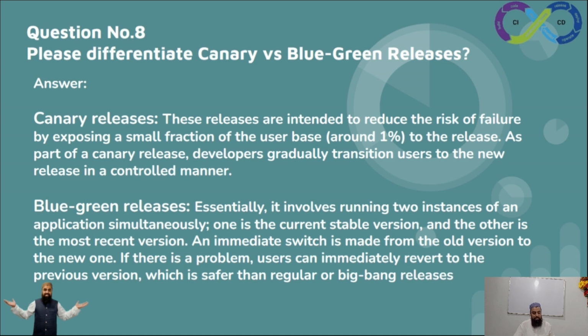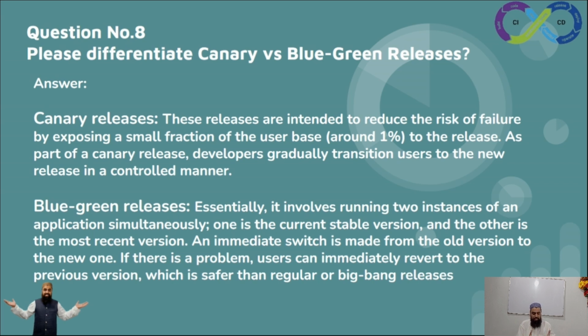Now, what is a blue-green release? It involves running two instances of an application simultaneously. It is just like a load balancer, if you know about it: if one server fails, then the load is shifted to the second server.